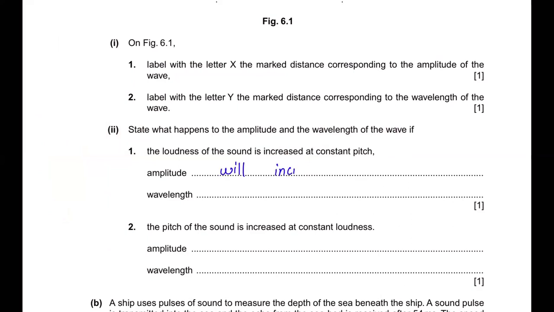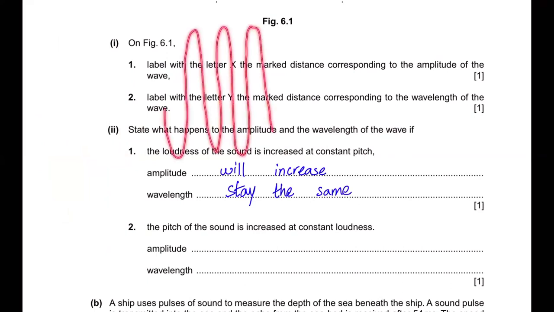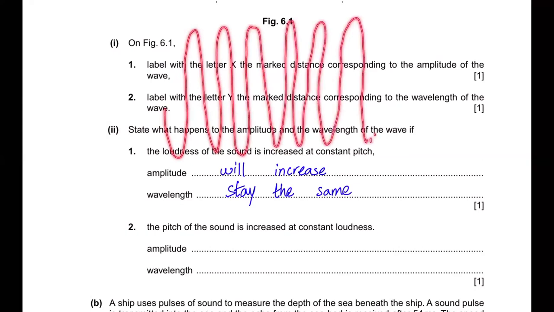What about the wavelength? It will stay the same. How come? I just showed you an example. Let's say the sound is loud. You see the wavelengths here, they will be the same.